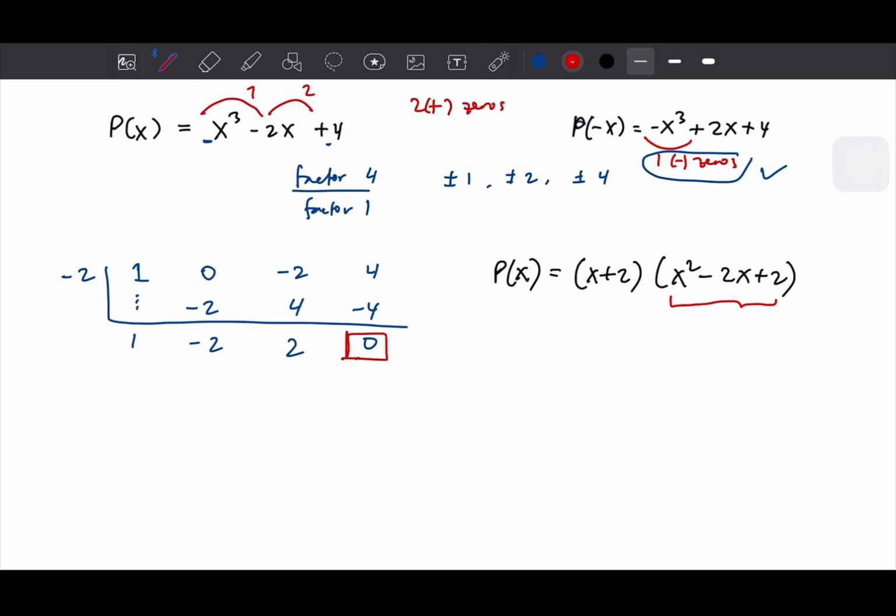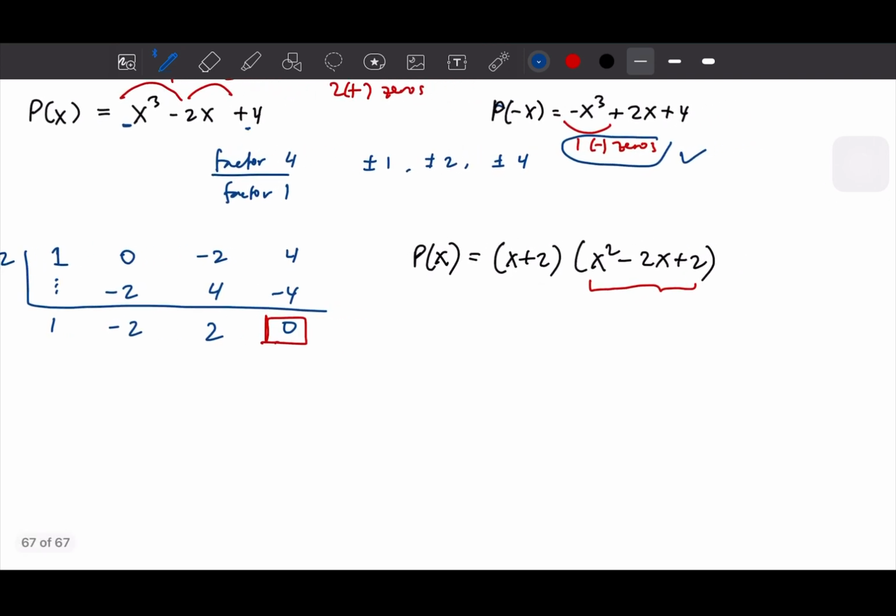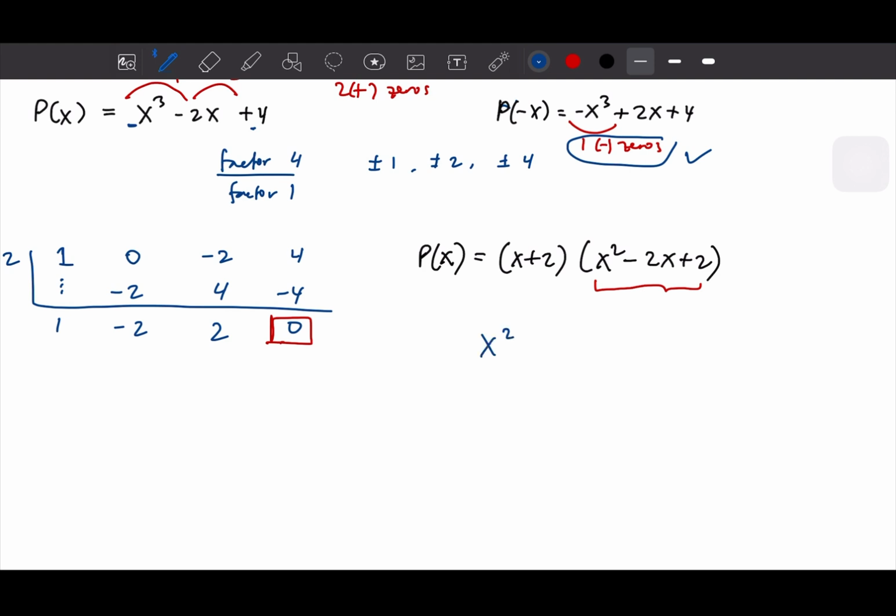it's an irreducible factor, so we could write it through the quadratic formula, or let me just refresh your memory on completing the square. So let's say we have this supposed to be equal to 0. Okay? So we are going to have x squared minus 2x, and let me put minus 2 on the right side like that, and we are going to add something.